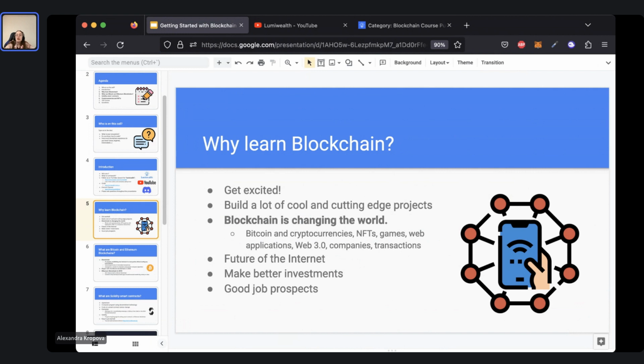Another reason to learn blockchain technology is because of its increasing prevalence in our world today. Likely you are familiar with cryptocurrencies, NFTs. You probably have some sense of those things because they're so popular in the media. But beyond that, the power of decentralized technology is quite large.